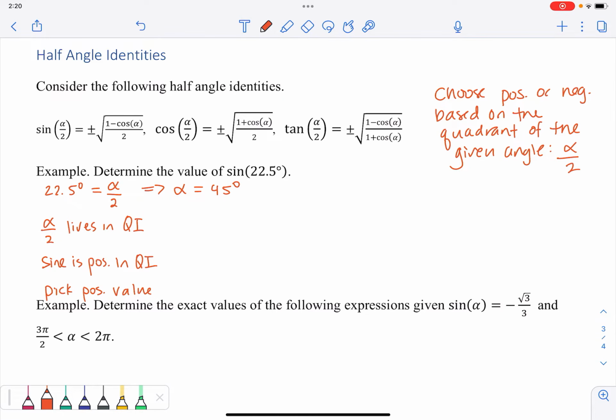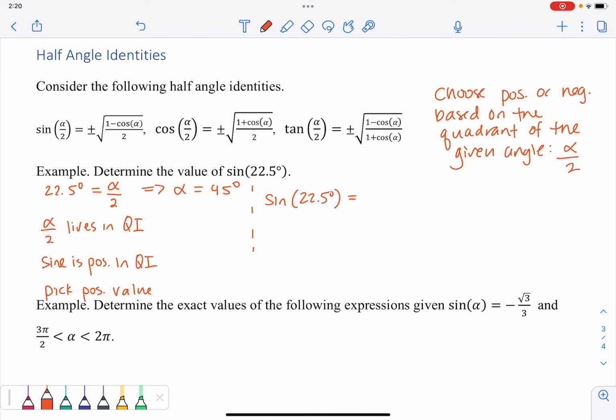Okay, so let's see how I want to use this identity. So I'm going to have sine of 22.5 degrees. 22.5 degrees is an angle that's not on my unit circle, so I want to be able to use one of these expressions to determine what the value is going to be.